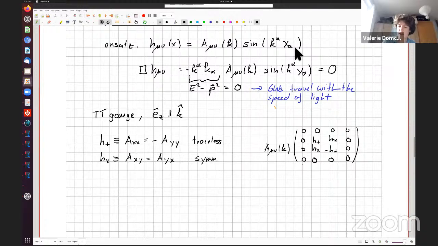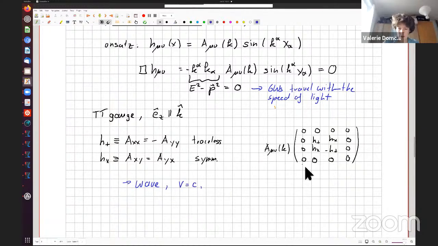So it's something which oscillates. It has these 2 degrees of freedom, and they are arranged in a matrix in this way. So from this we already see we're dealing with a wave, in the sense that we found something which has a sine function. We found that the velocity is the speed of light.